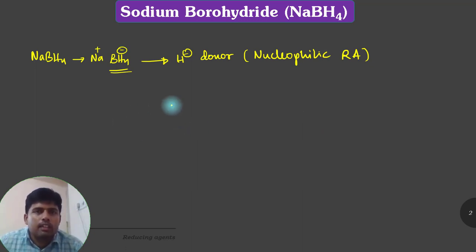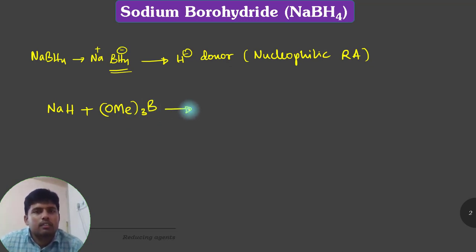And the preparation of sodium borohydride is like this: NaH, that is sodium hydride, is treated with trimethoxyboride.